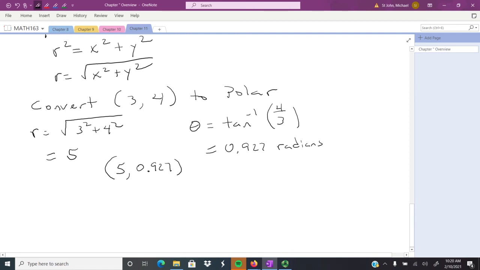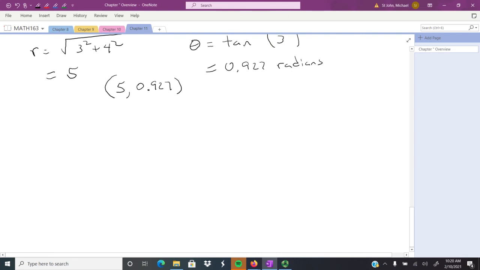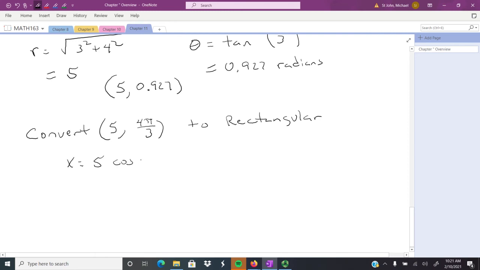And then if we wanted to convert going the other way, now we're going to convert 5, 4 pi over 3, and we want to convert this to rectangular. So x is going to be 5 cosine 4 pi over 3.